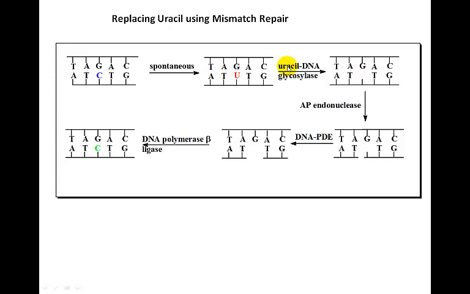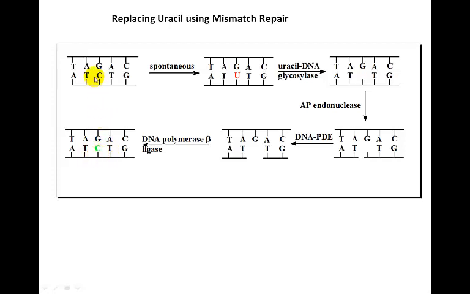And then we have a uracil DNA glycosylase that removes the U. Again, we have an endonuclease that gives us two DNA fragments. We have a DNA phosphodiesterase that generates a gap. And now we fill in the gap with DNA polymerase and ligase. So here we've added the C and we've ligated the two pieces together.